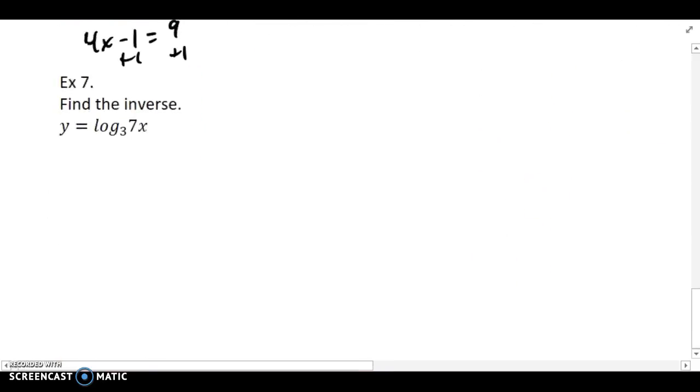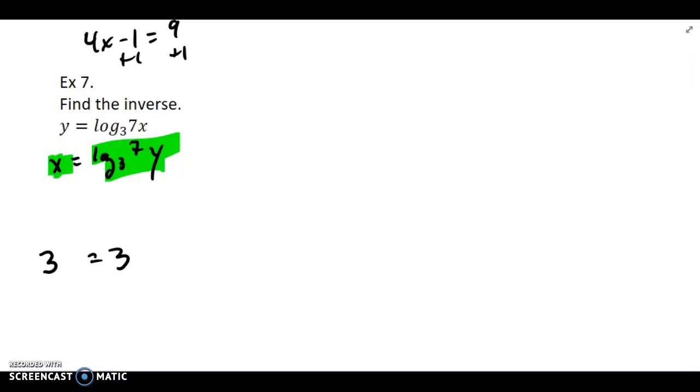Finally, we're going to find an inverse. Inverse is what we did last time. So whenever we find an inverse, we're going to switch x and y around. And then we're going to solve. So to get rid of the log, we're going to use a base. Again, this is a base 3. So we're going to use a 3 and a 3. And this stuff is going to become a power.